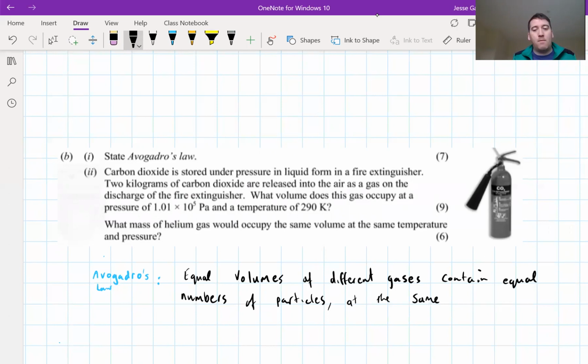So this is an important part of the definition, because if it's not at the same temperature and pressure, then it's not true anymore. So all of this wording is important to get the marks in this definition, because the definition is not true if you don't include the end bit.